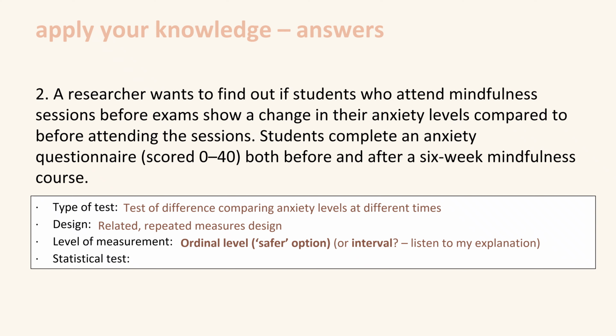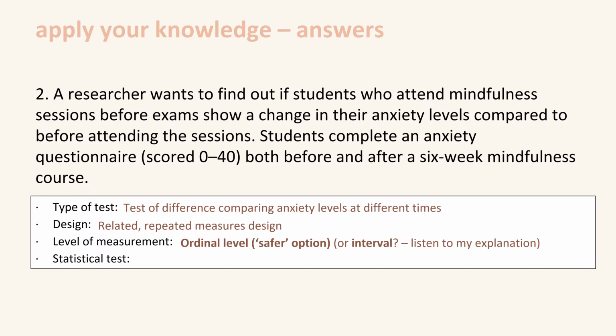but we don't know that the distance between them is truly equal. On the other hand, some researchers treat those total scores as interval, because when you add up enough items, the scale starts to behave a bit like a continuous numerical measure. The differences between scores are roughly even, and the total spreads out nicely across a range.